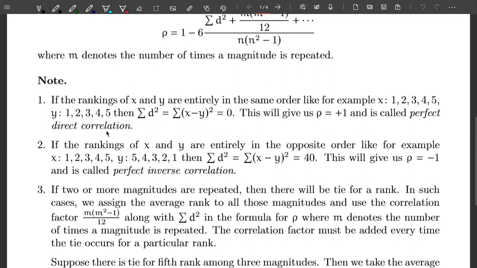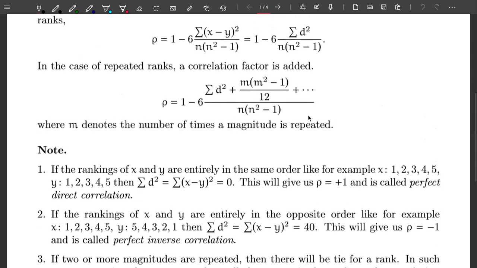X is 1, the corresponding y is also 1, so 1 minus 1 is 0, 0 square is 0, plus 2 minus 2, 0 again, plus 3 minus 3, 0, plus (4 minus 4) whole square, plus (5 minus 5) whole square. Like that, if you continue, the summation of (x minus y) whole square will be equal to 0, or you can say summation d square will be equal to 0.